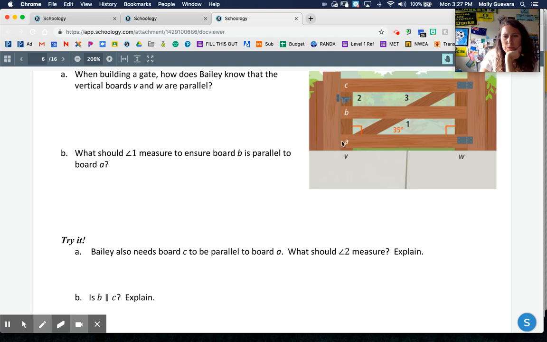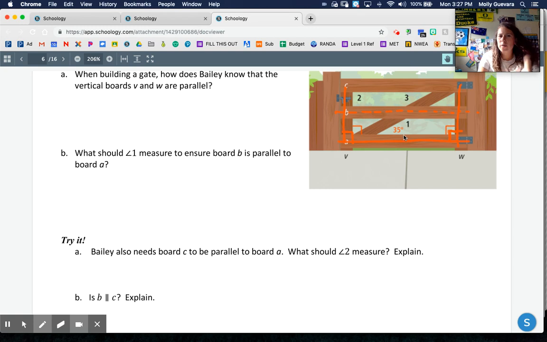I know that V and W are perpendicular to A. Do I know anything about this line B?